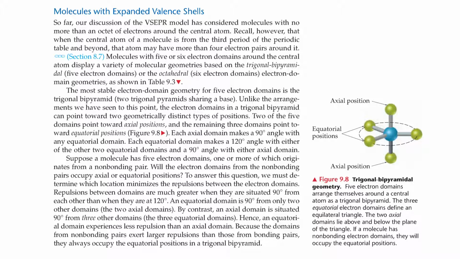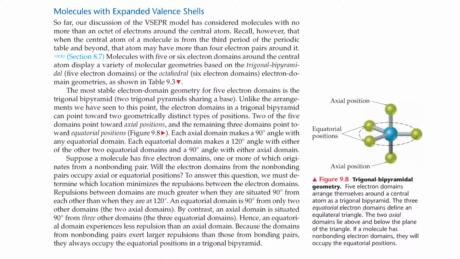An equatorial domain is 90 degrees from only 2 other domains. By contrast, an axial domain is situated 90 degrees from 3 other domains, the 3 equatorial domains. Hence, an equatorial domain experiences less repulsion than an axial domain. Because the domains from non-bonding pairs exert larger repulsions than those of bonding pairs, they always occupy the equatorial position in a trigonal bipyramid.